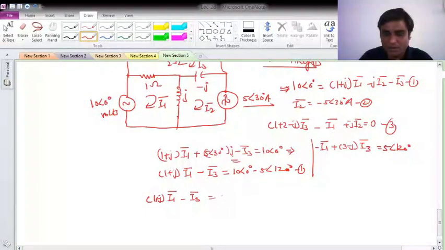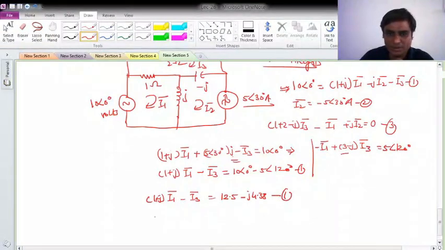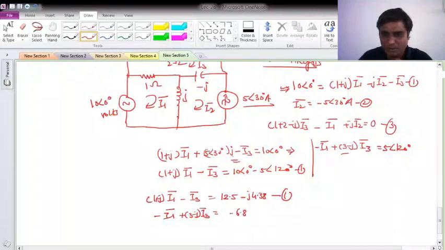If you solve, it is 12.5 minus j 4.38, say equation 1, and if you solve this, it will be minus I1 phasor plus 3 minus j I3 phasor, which comes to be minus 6.83 plus j 1.83, equation 2.